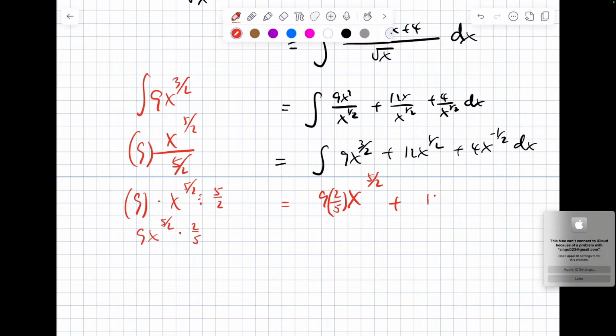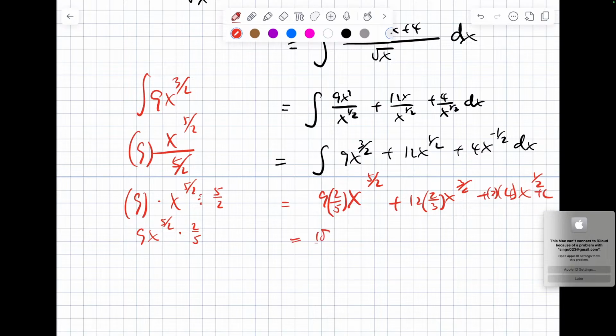Plus 12x to the 3 over 2. 12 times what? 2 over 3. Plus 4x to the 1/2 times what? 2.